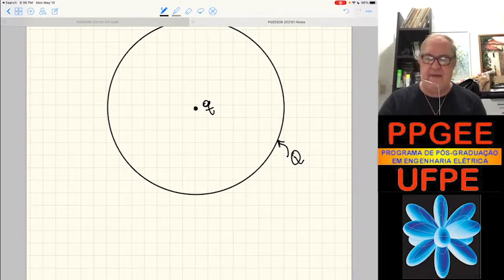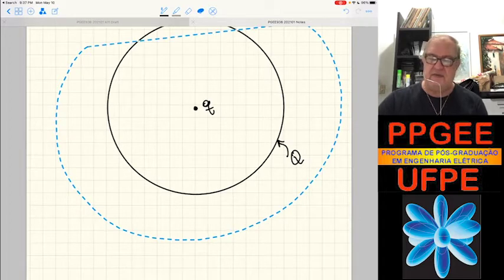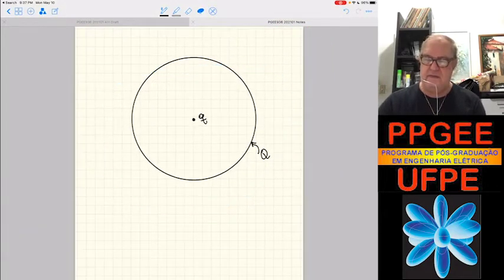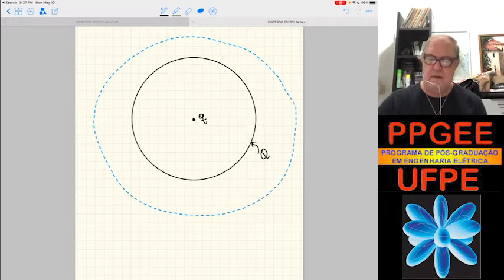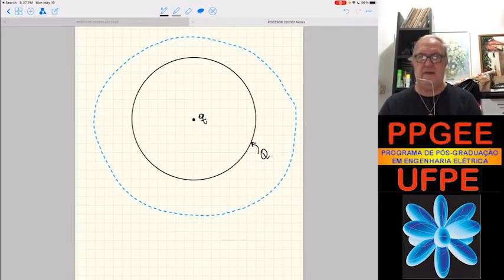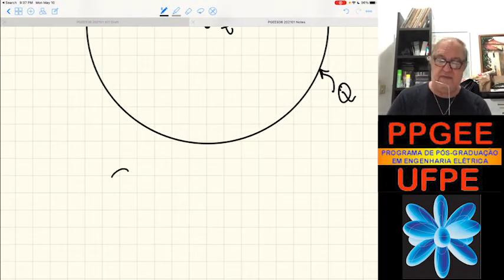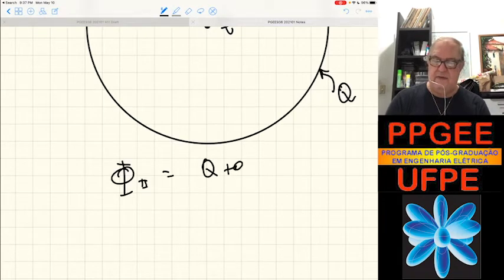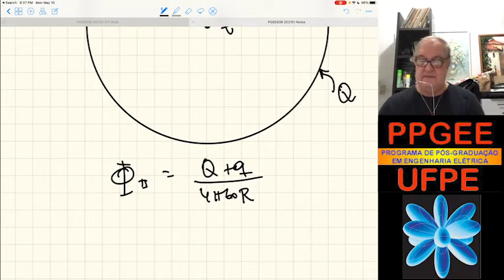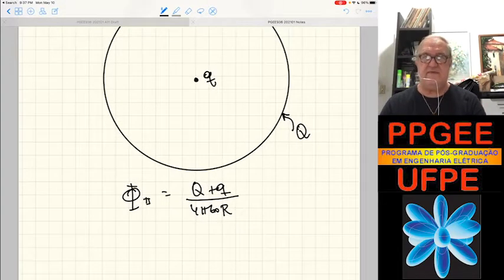But if I apply Gauss's law, if I pick a concentric sphere and calculate with Gauss's law, I can easily demonstrate that the field outside is that due to a potential given by Q plus q over 4 pi epsilon 0 R. Why is that? Well, there's a potential that falls off to 0 at infinity, right?